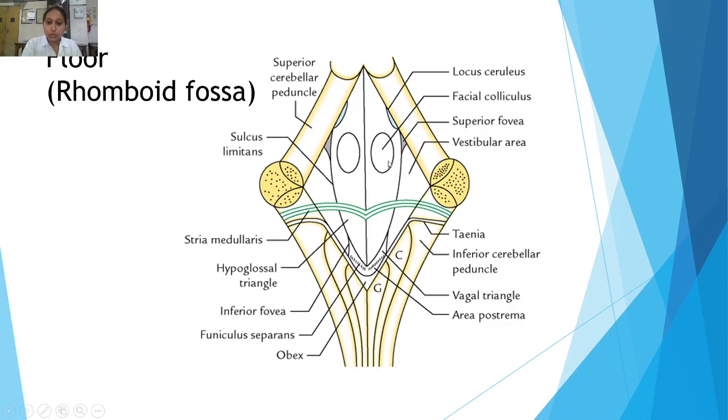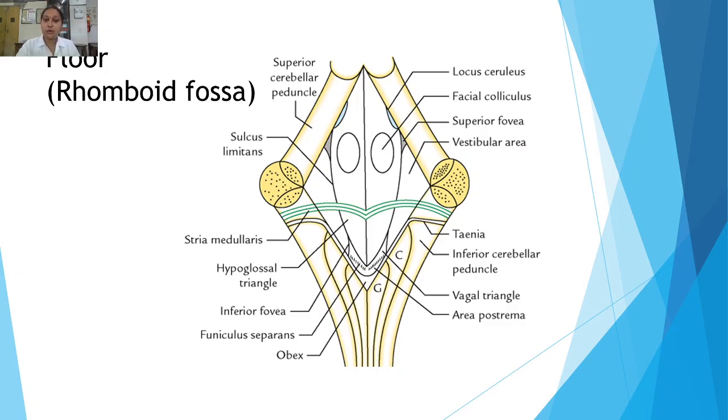Now, this is at the level of the superior fovea. Medial eminence gives a large projection that is known as the facial colliculus. When we studied the pons, we saw the internal genu of the facial nerve. This internal genu is the turning of the motor fibers of the facial nerve.